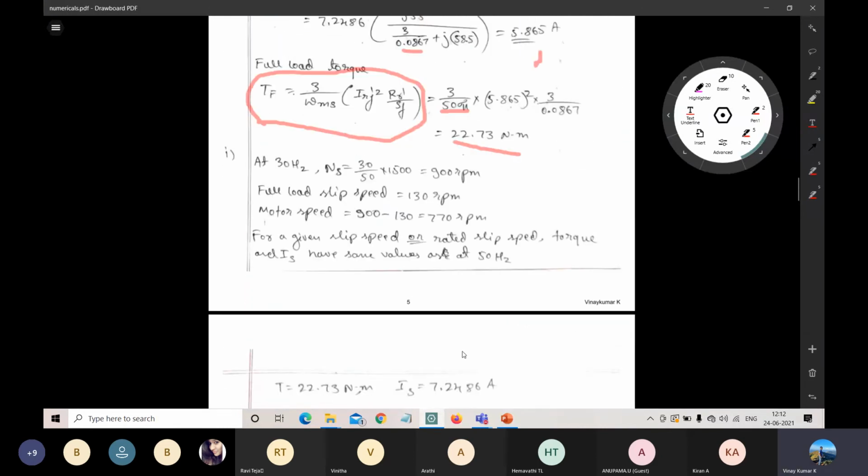Okay, so at 30 Hz we need to calculate the speed of the motor. Before that, at first, in the problem we have calculated that at 50 Hz the speed is 1500 rpm.